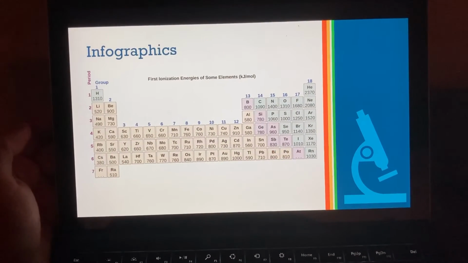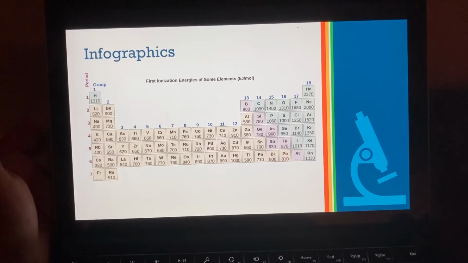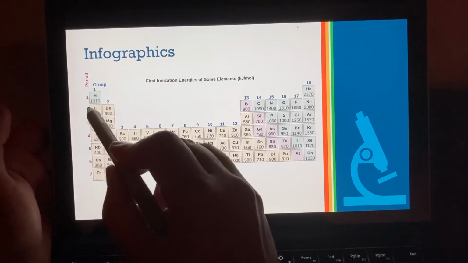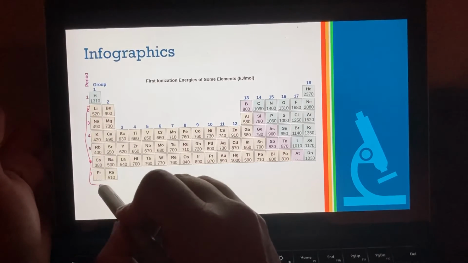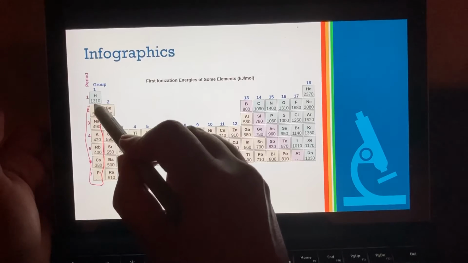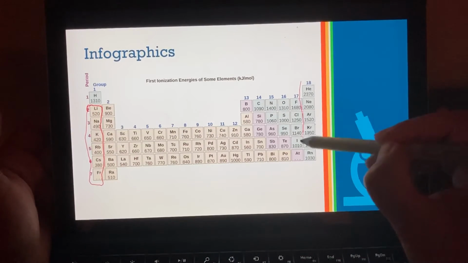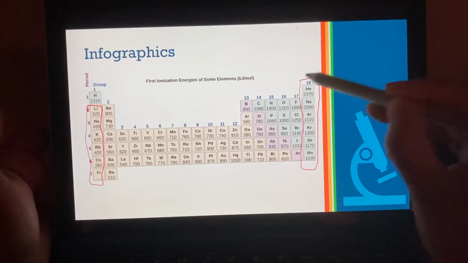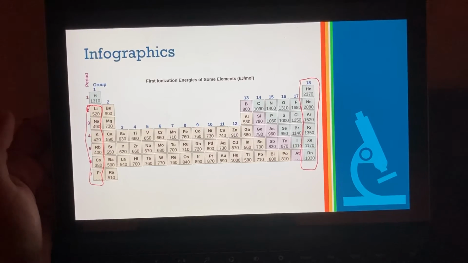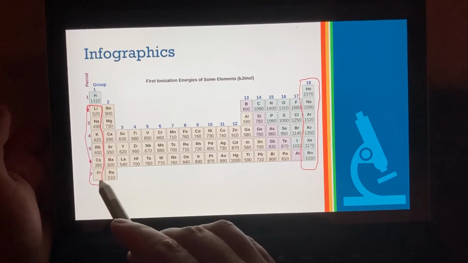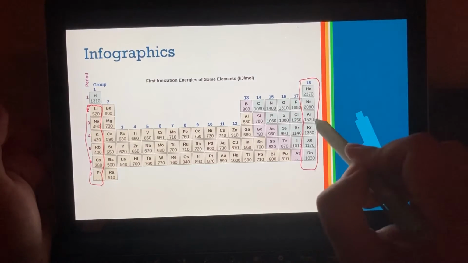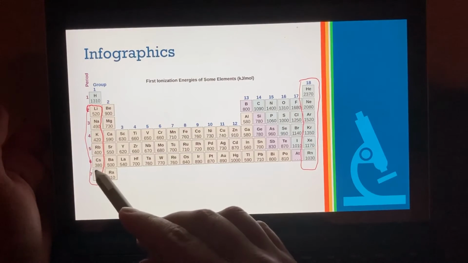And in this graph here is the first ionization energy of some elements in kilojoules per mole. As you can see here, the alkali metals have low ionization energy in comparison to the noble gases. This is why it requires more energy to remove an electron from here than it does over here.